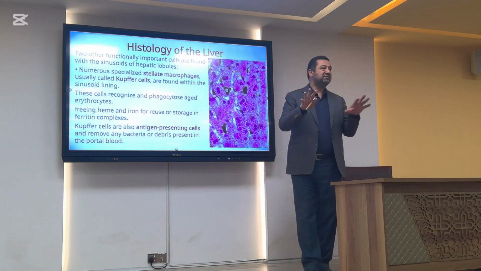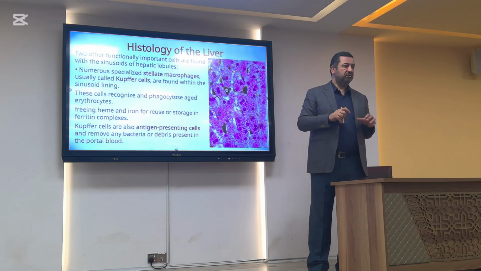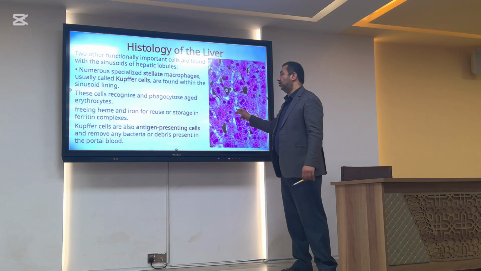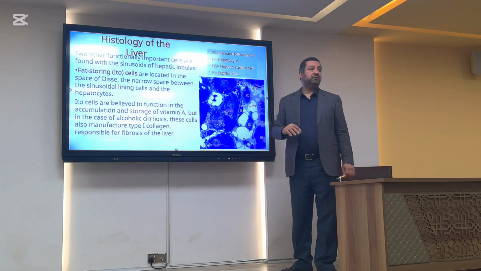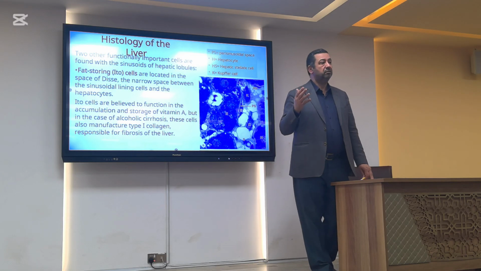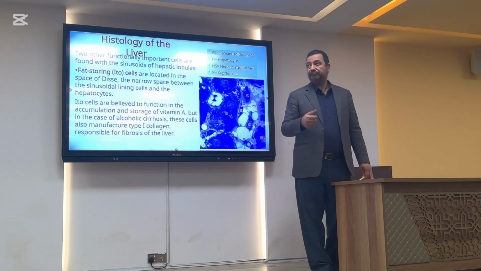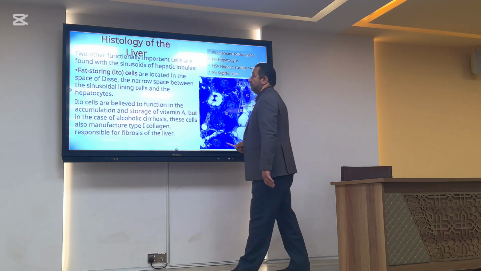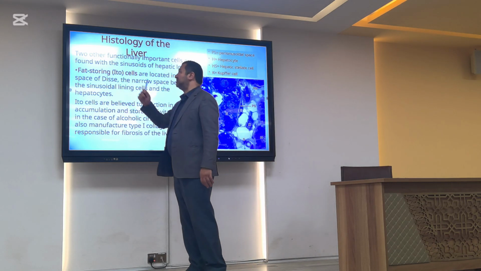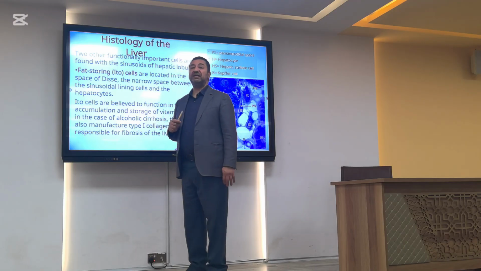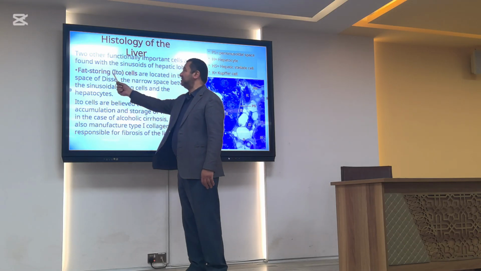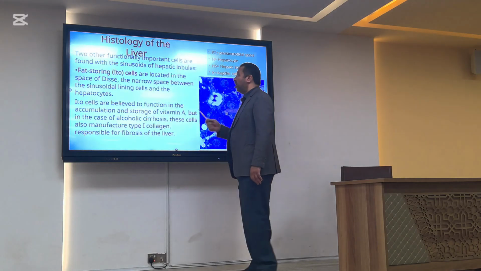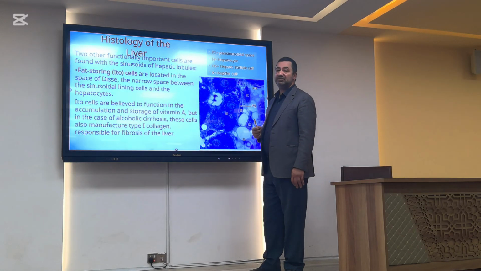Kupffer cells are modified macrophages. The origin of Kupffer cells is the monocytes of the blood, similar to the macrophages. Ito cells, or Stellate cells, or fat-storing cells, are located in the space of Disse.